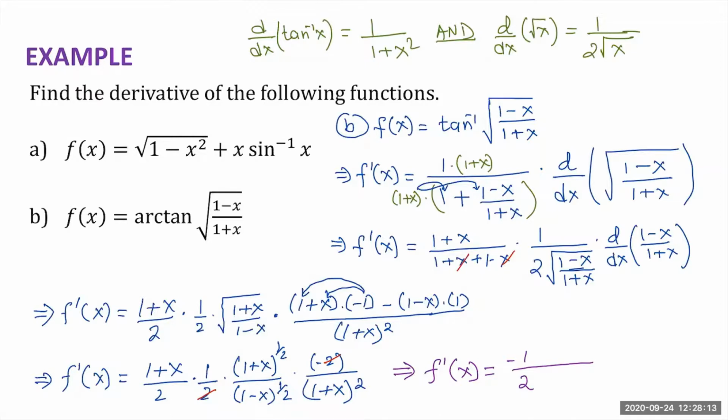Now, we need to simplify these quantities. Here is 1 plus x. Here is also 1 plus x. Here is also 1 plus x. So if you look at this carefully, the first one is 1 plus x with power 1. And then here we have 1 plus x with power half.